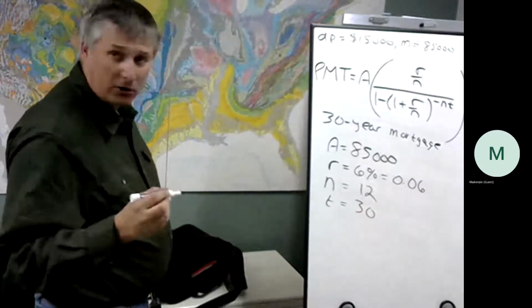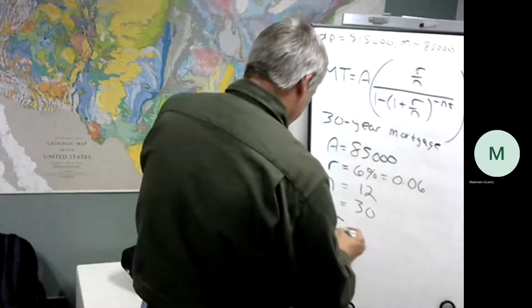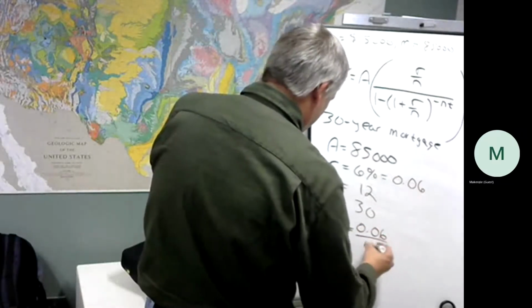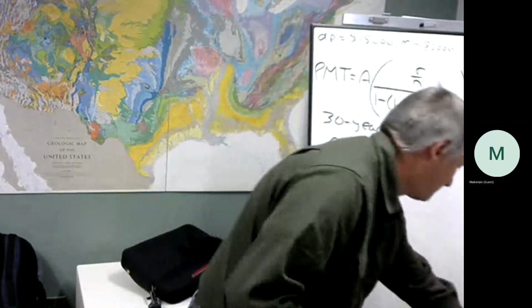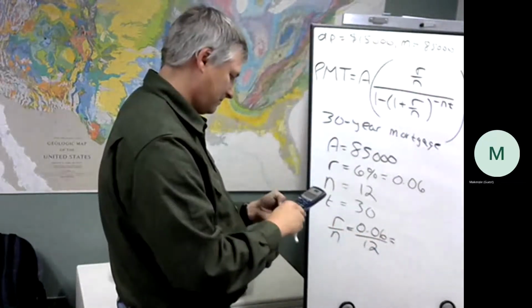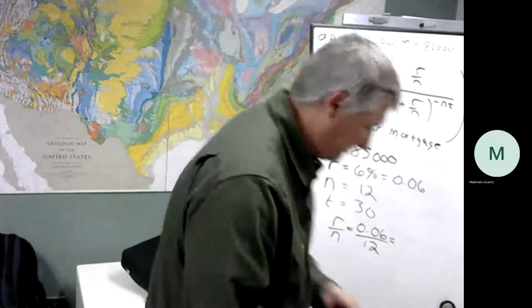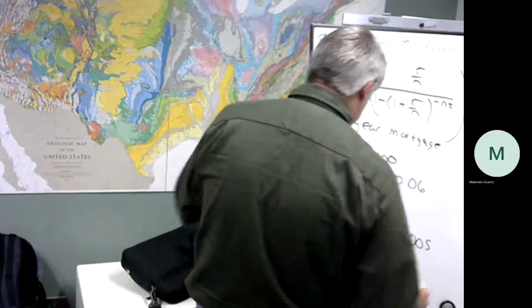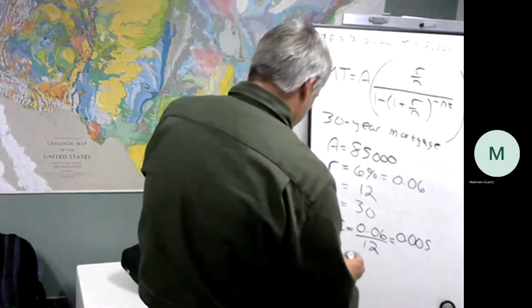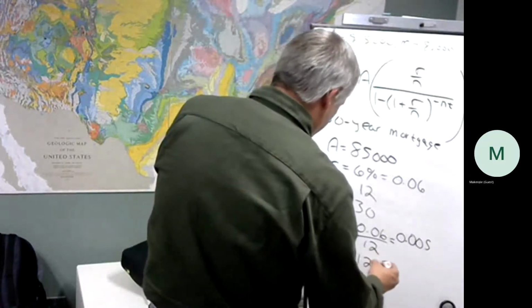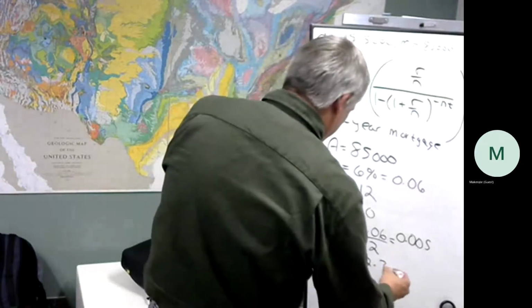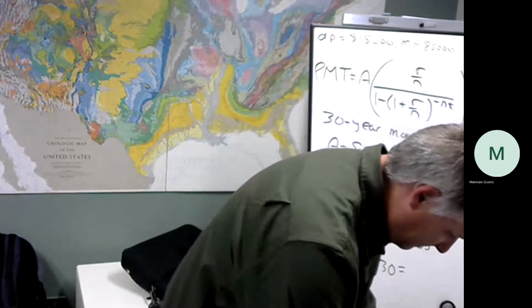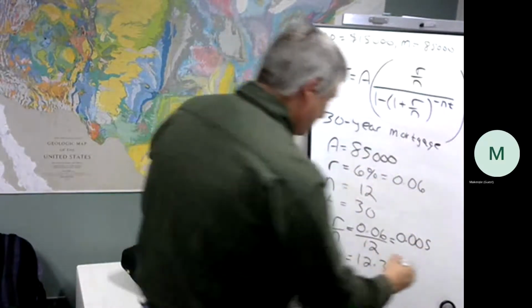So first off, R over N. And again, we convert it to a decimal. NT, 12 times 30, $360.